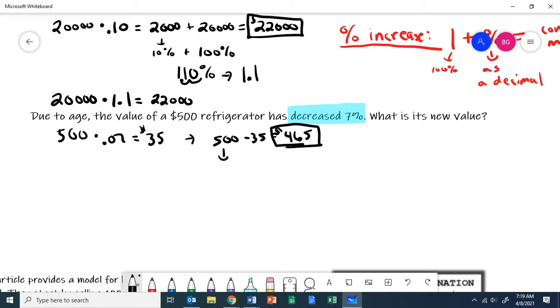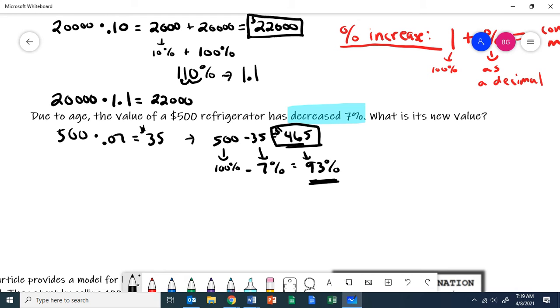So this is where there's something key that comes in here. That 500 is 100% of our original value. And we found out that 35 was 7%. And that equals 465, which if we subtract those two, is 93% of the original value. Well, that's what we're trying to figure out: what is 93% of the original value?